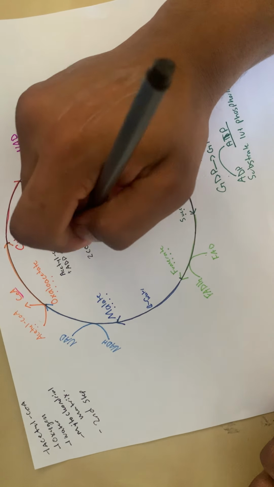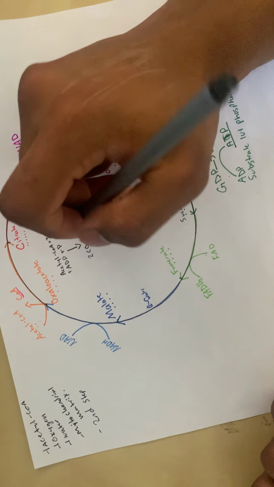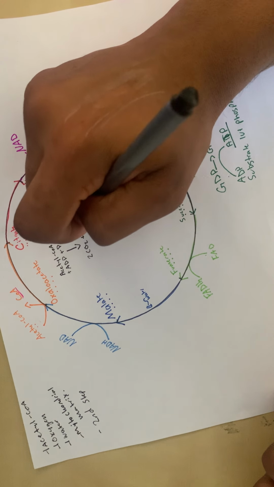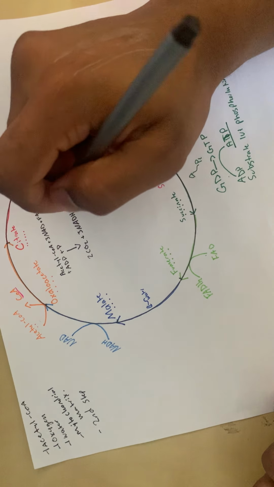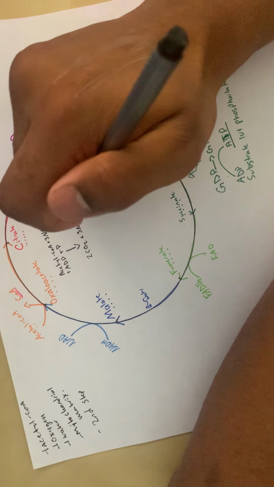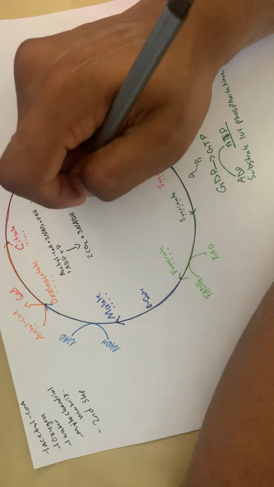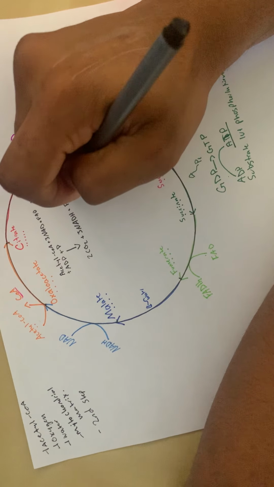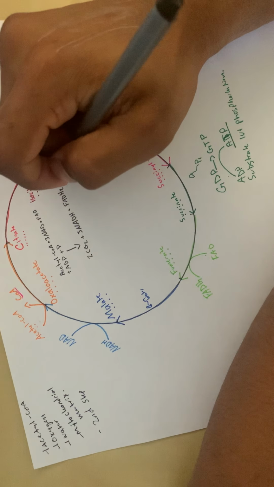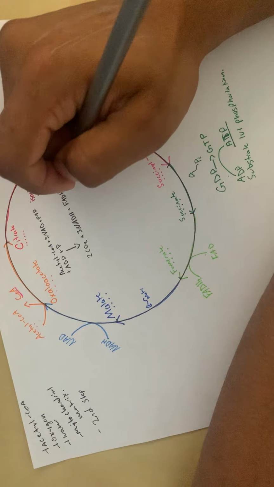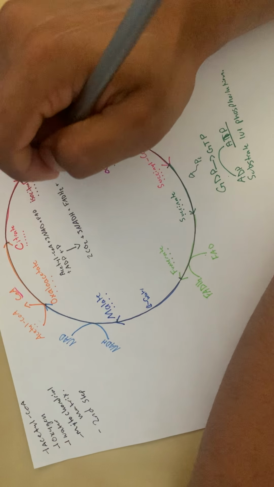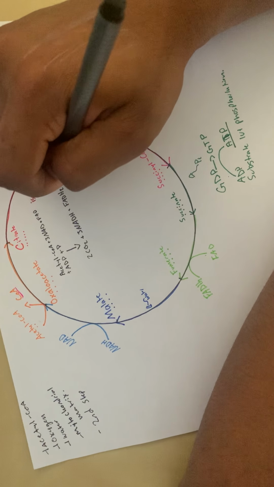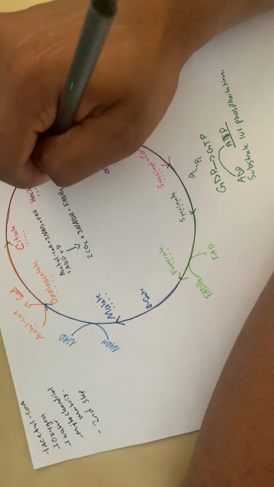So 2 carbon dioxide molecules as waste plus 3 NADH molecules. And so 3 hydrogen carriers plus 1 FADH2, another electron carrier, plus 1 ATP molecule.